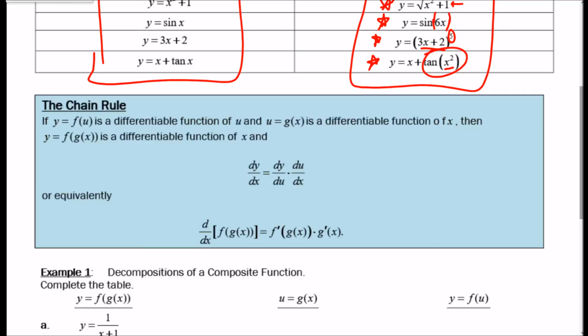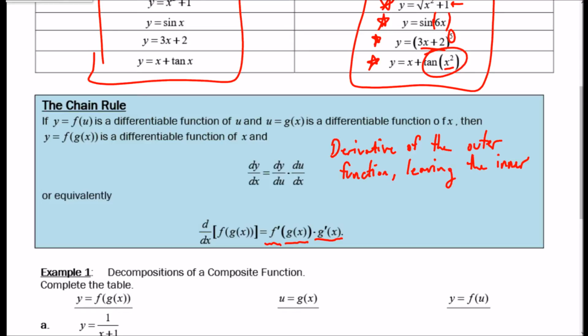So in order to take the derivative using the chain rule, what we'll do is take the derivative of the outer function, leave the inner function the same, and then multiply by the derivative of the inner function.